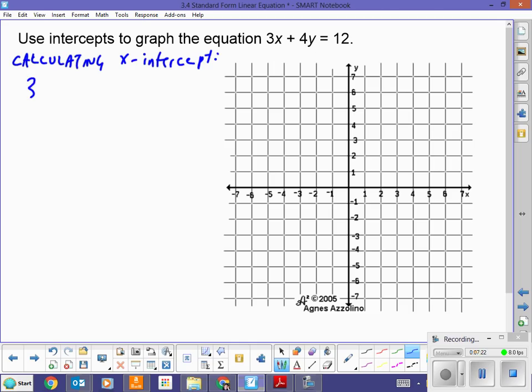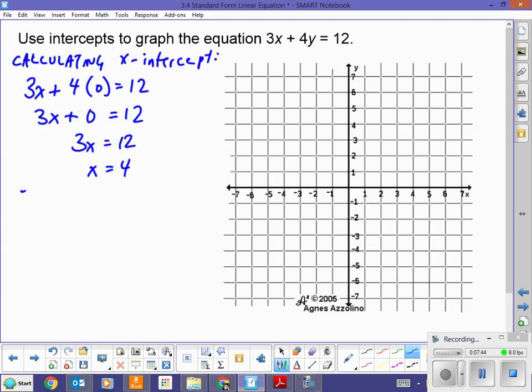So it's basically this, 3 times x plus 4 times 0 equals 12. Okay, so 4 times 0 equals 0, so 3x plus 0 equals 12. So 3x equals 12. And then x will equal 4. Okay, so that's our x-intercept. And really, as a point, it's 4, 0, because we set y equal to 0.